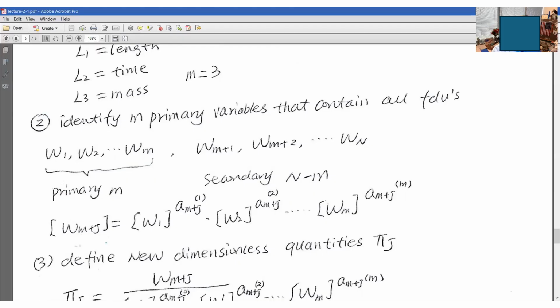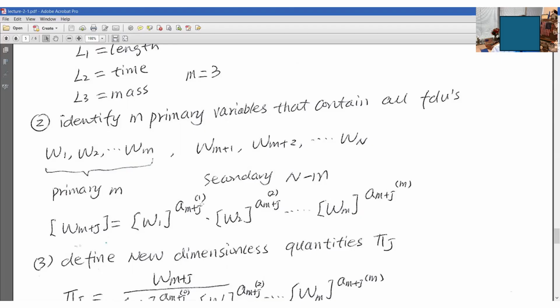So if I have selected these primary variables, then the dimensions of all these secondary variables can be written in terms of the dimensions of the primary variables, right?